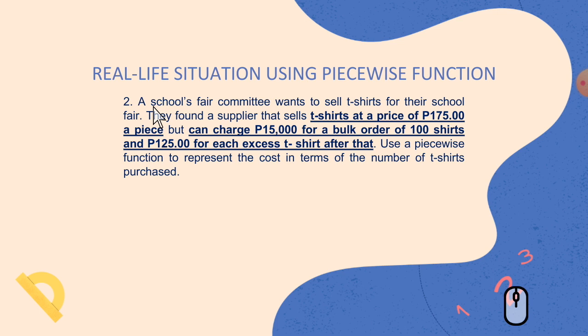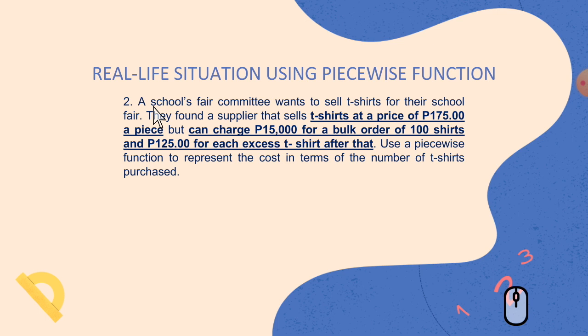So again, nakahanap sila ng supplier na ang presyo ng damit kada piraso ay 175 pesos. So yun yung isang condition natin. And then next is 15,000 pesos naman daw ang babayaran sa isahang order na lang. Kapag nag-order ka daw ng isang set ng t-shirt, which is the 100 shirts, so kapag 100 daw na damit, ay magbabayad ka na lang ng 15,000 pesos.